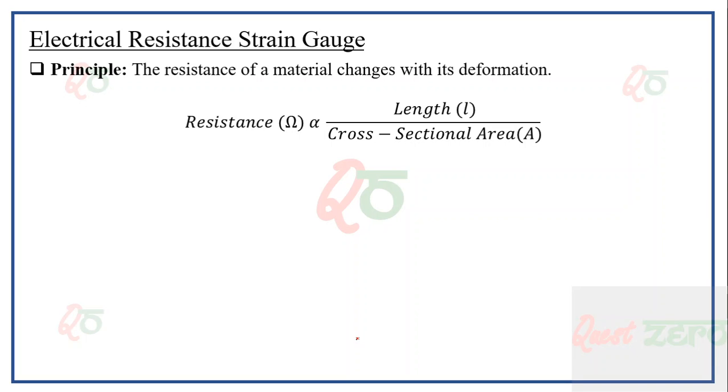We know that resistance is directly proportional to length and inversely proportional to the cross-sectional area. So any deformation will alter the length and also the cross-sectional area. Hence it will also alter the resistance. So we can easily form a relation between the resistance and the deformation.